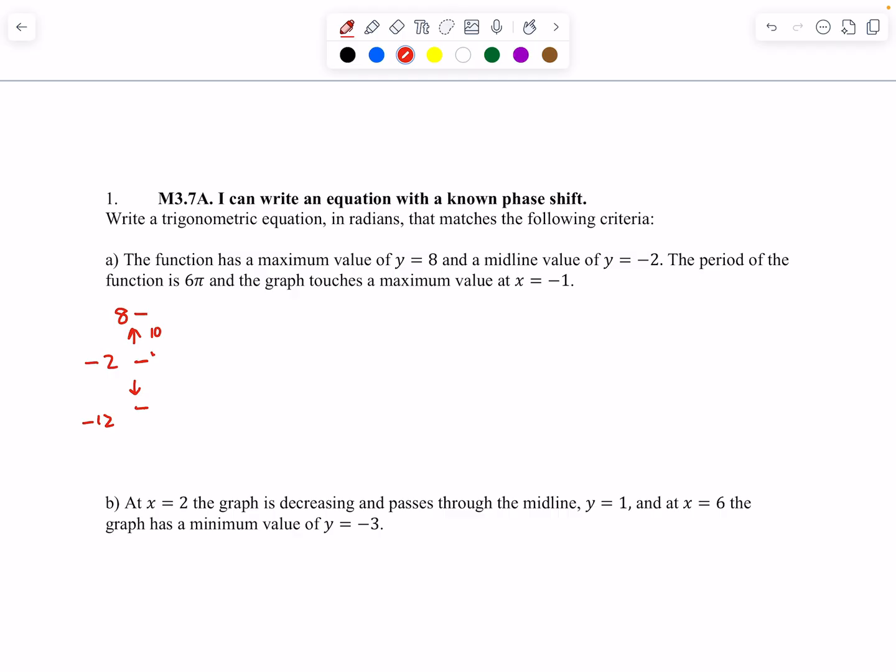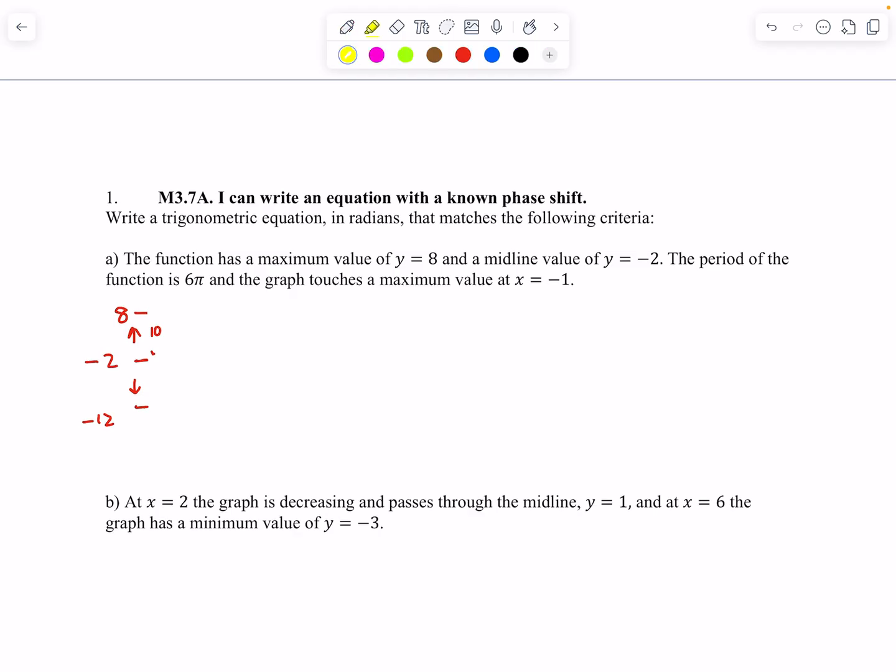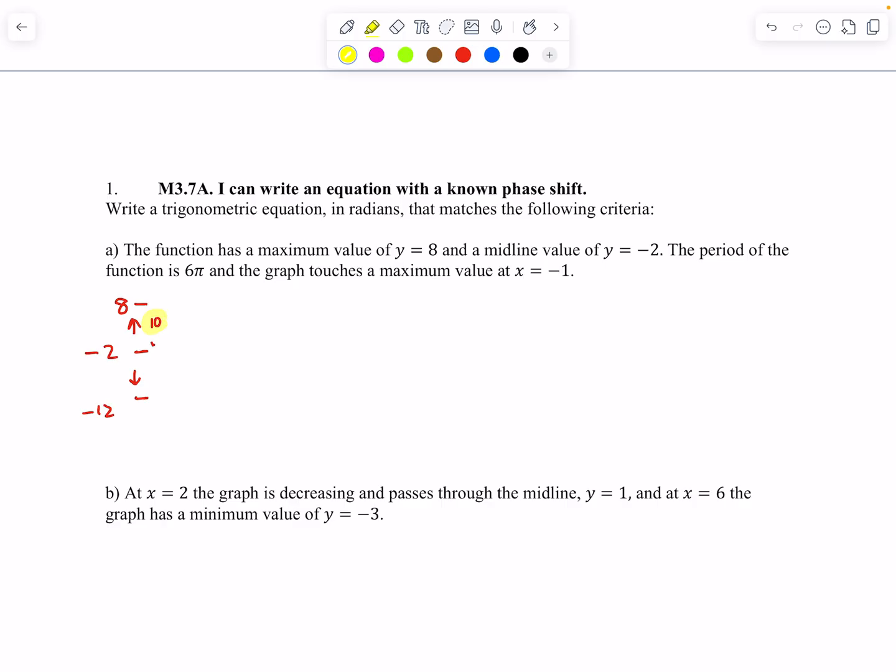The numbers we need are the distance between the midline and the top, which is the amplitude. For those of you who are not remembering this, it's A, sine or cosine, B, extra parentheses, x minus phase shift, which is the new thing, plus D, and D is the midline.